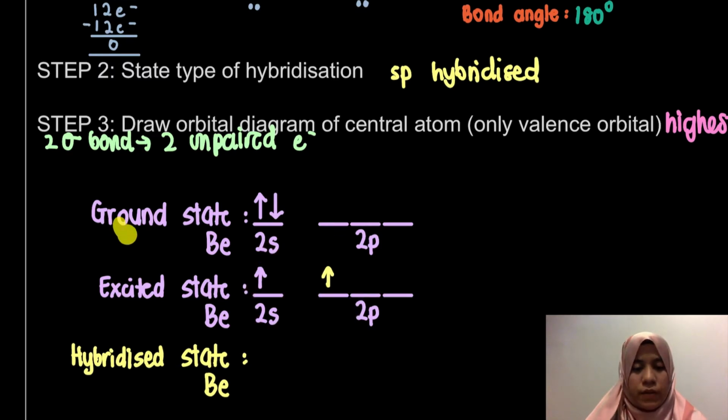So we have the ground state, then the excited state. Now, the hybridized state.